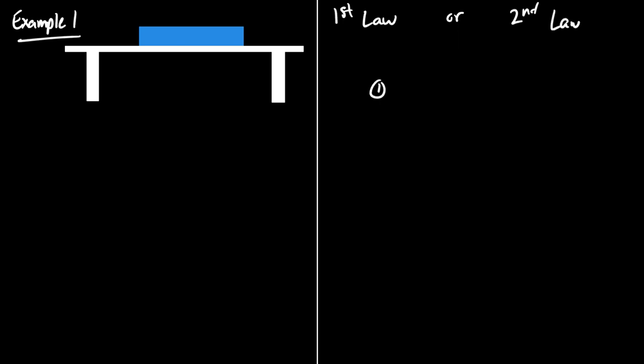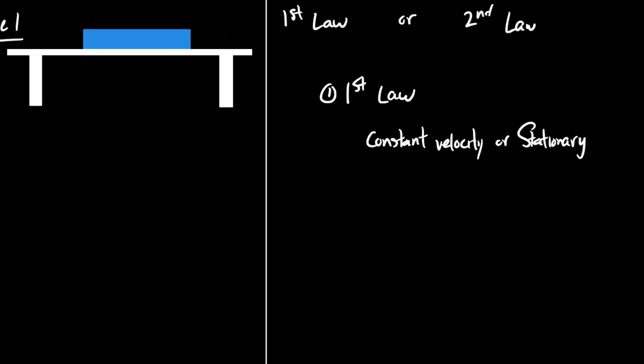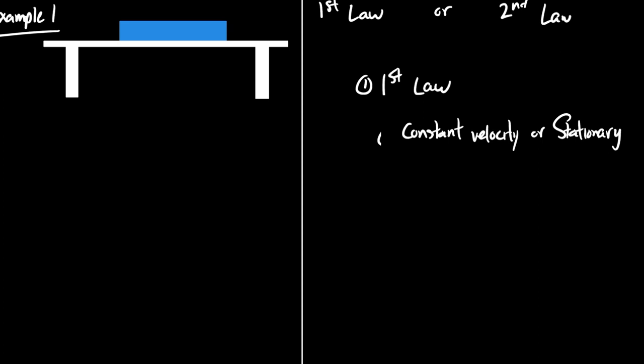Your first choice, a first law problem, means constant velocity or stationary. That's a first law problem.